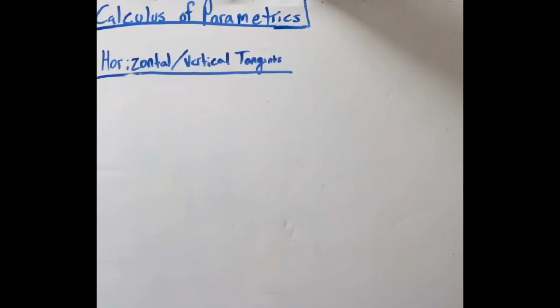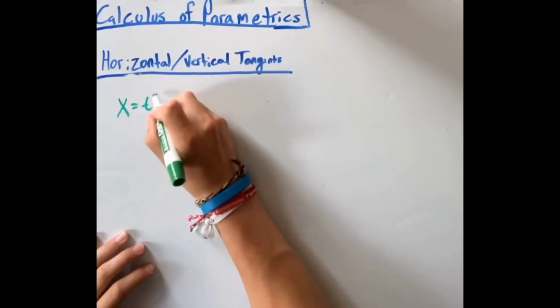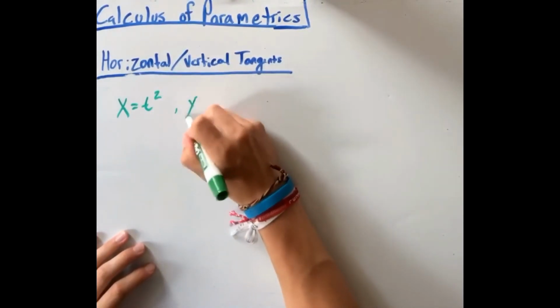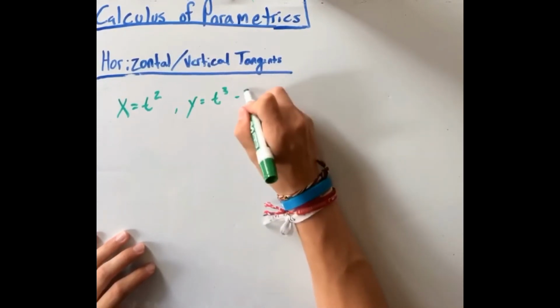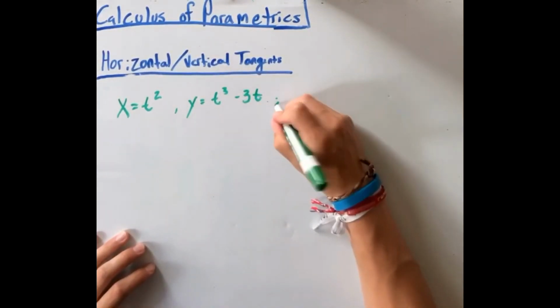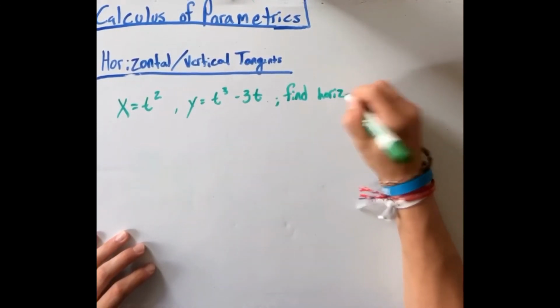Okay, so now that we know how to find horizontal and vertical tangents, we're going to go through an example. So if we have a parametric equation with x defined as t squared and y defined as t cubed minus 3t, and we're told to find the horizontal and vertical tangents.